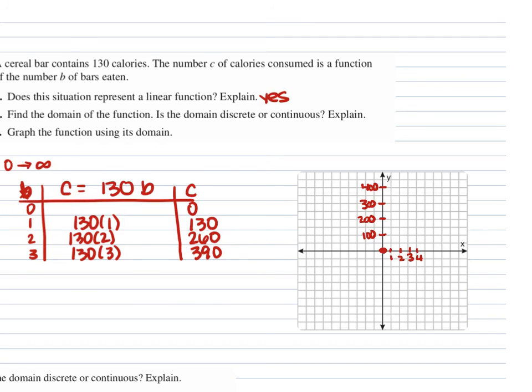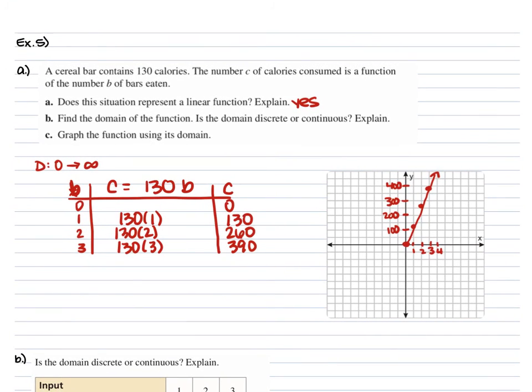Okay, so we started at (0, 0), (1, 130) is your next, (2, 260), then (3, 390), and then you just draw a line through this with your arrow that goes up. So this would be continuous because, like I said, you can eat half a bar, you can eat 2.5 bars, so this one would be continuous.